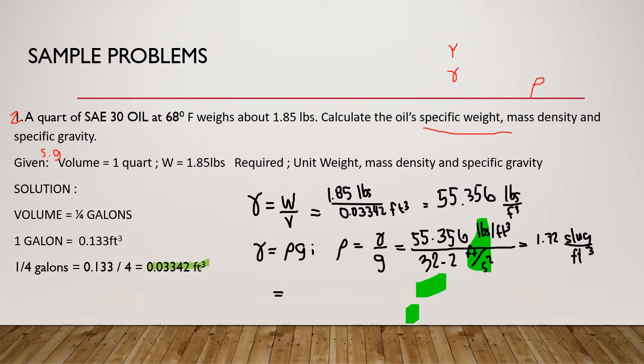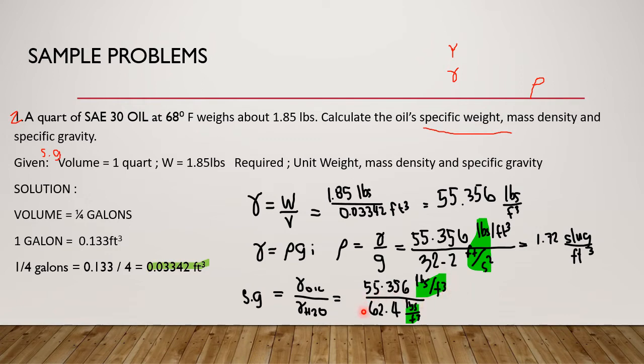Okay, what is left is the specific gravity. Yung specific gravity daw ay gamma of the material or gamma of the oil, in this case, over gamma of water. So, yung gamma of the oil is equal to 55.356 pounds per cubic feet.